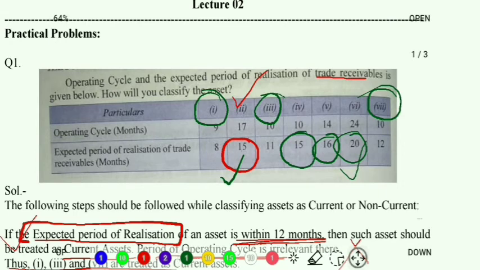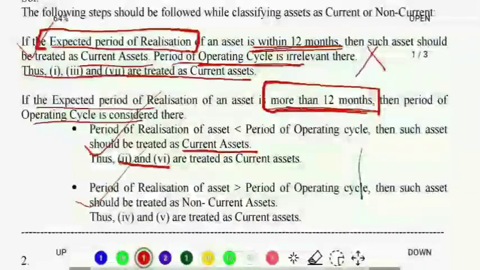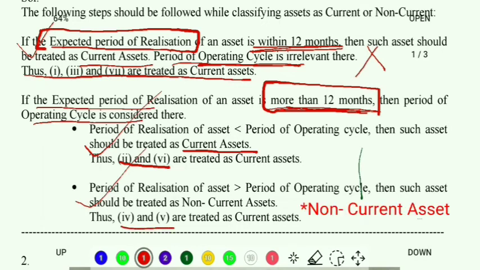Let's get down again. Point number 2 says that if the period of realization of an asset is more than the period of operating cycle, then such asset should be treated as non-current asset. We have classified asset number 4 and asset number 5 as, oh, there is a printing mistake, I shall correct it. It is treated as non-current asset. Why?